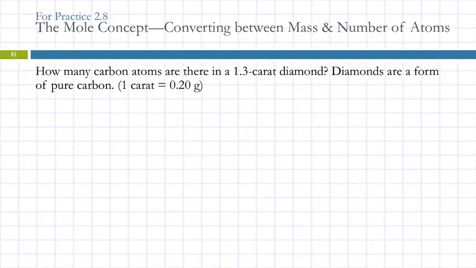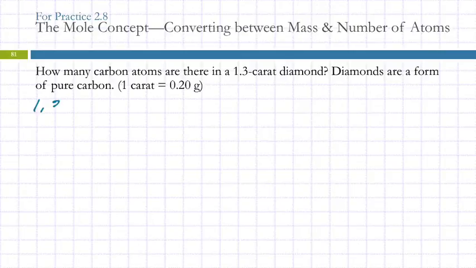So how many carbon atoms are there in a 1.3 carat diamond? Diamonds are a form of pure carbon. Diamonds are made out of carbon. And we're told that a carat is 0.20 grams. Okay, so this is a little more involved because they're throwing this extra unit in there, a carat. Which makes me think of rabbits.